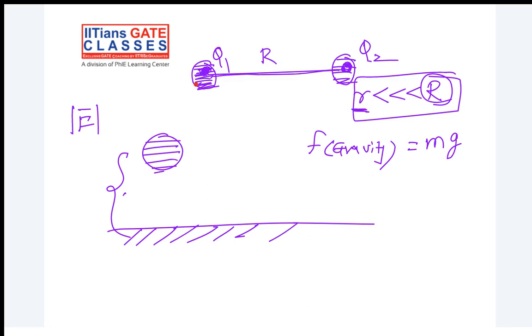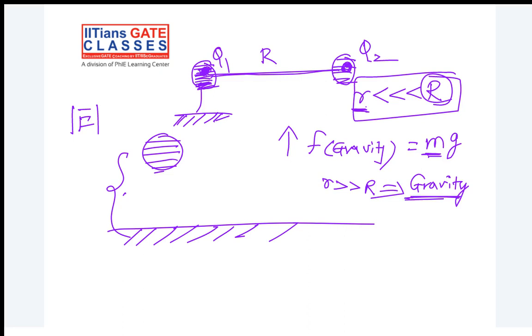When the mass is very high, the gravitational force will be dominating, right? So the charged particles attract because of the gravitational force. In this case, gravity will be the dominant force. The Coulomb's law force also exists, but compared to it, the gravitational force is much higher in magnitude. That is the reason why, when the mass of the charged particle is quite high, you can say that Coulomb's law force is insignificant. It doesn't mean that Coulomb's law force does not exist at all. It exists, but the gravitational force is quite dominant there.